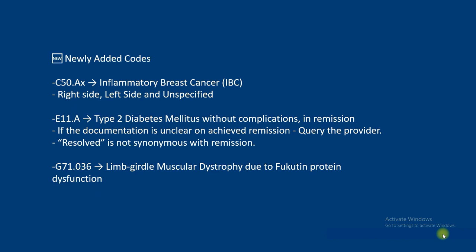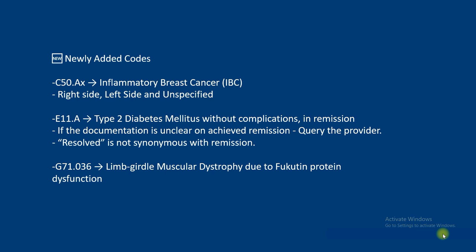Next one is G71.036, limb girdle muscular dystrophy due to fukutin protein dysfunction. Basically, a few people have muscular dystrophy or deterioration of the muscle due to fukutin protein dysfunction.